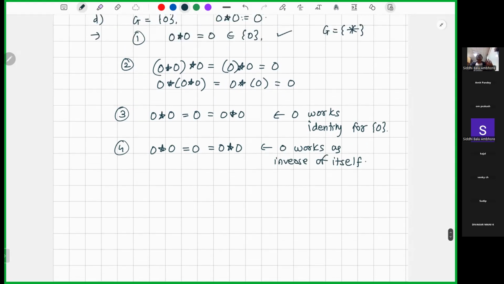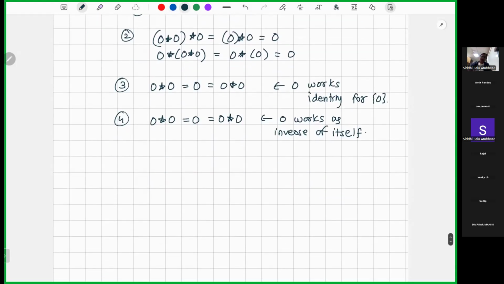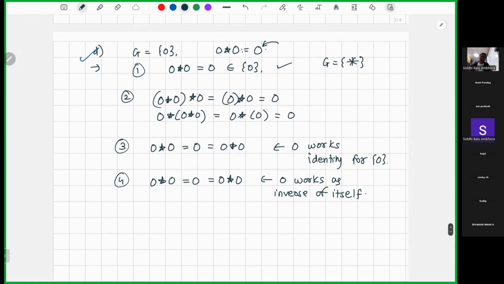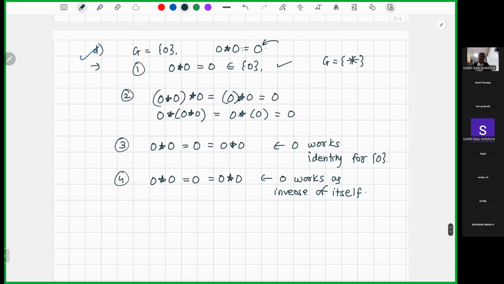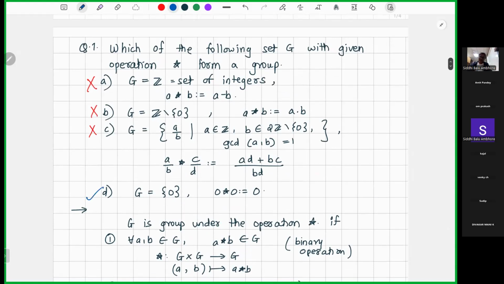So it satisfies all the conditions: the only element in the group, such that the multiplication is defined like 0 into 0 is 0. So this forms a group. This is the only group which we have so far. So G is a group with this star. Out of these four, only this one is a group.